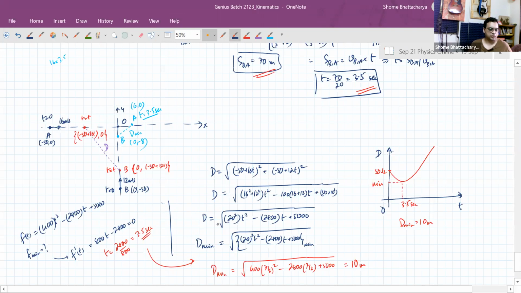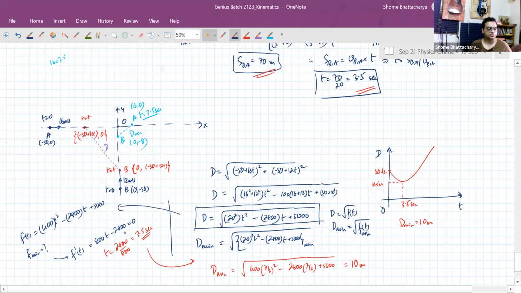Okay. So here we have used this trick that distance is square root of some function of time. So when distance is minimum, inside the square root, the function has to be minimum. So instead of dealing with the whole square root term, we just deal with this function inside the square root. So that function is this.